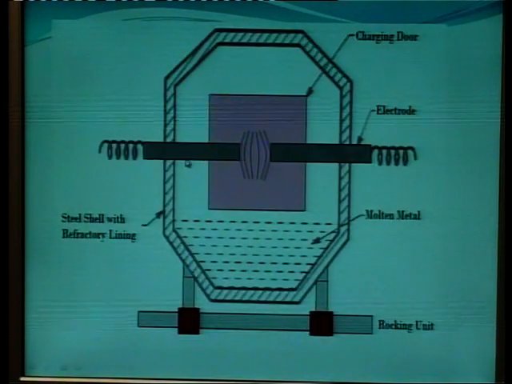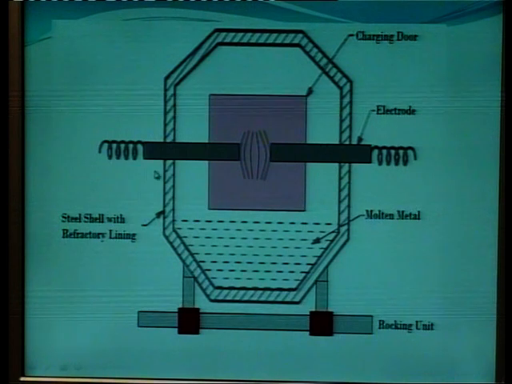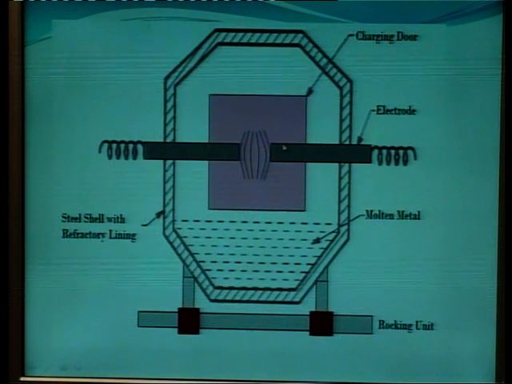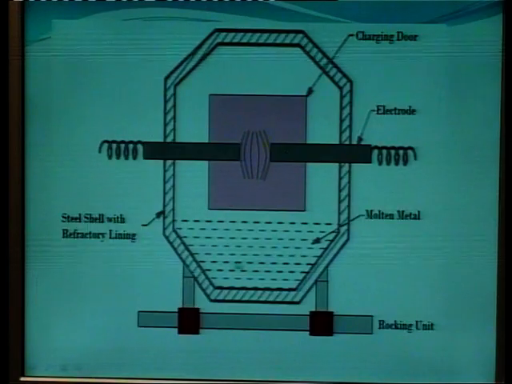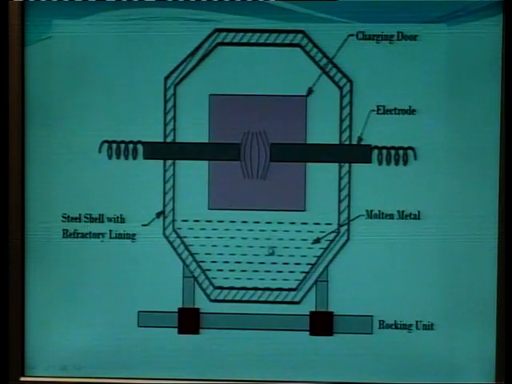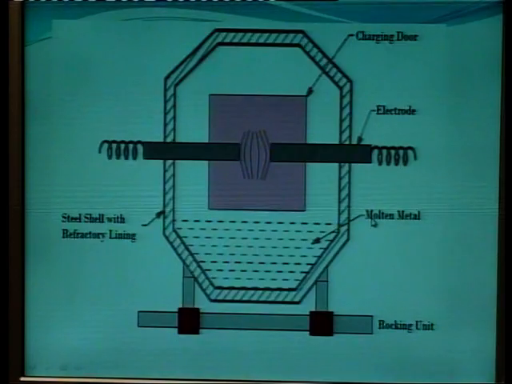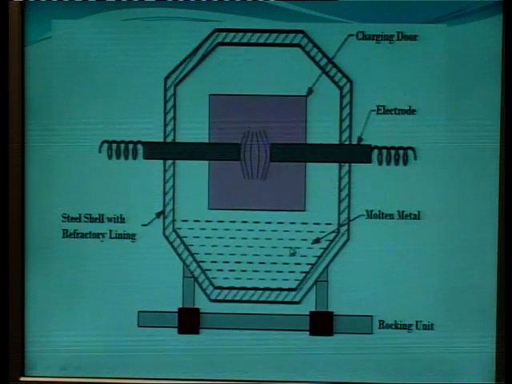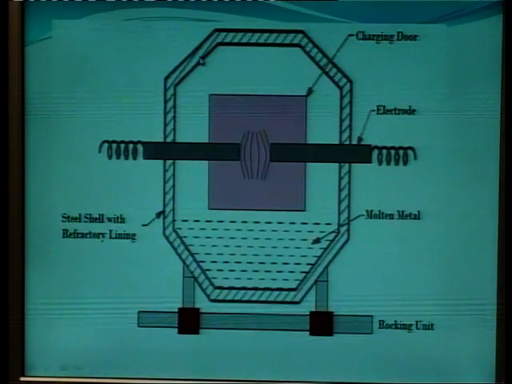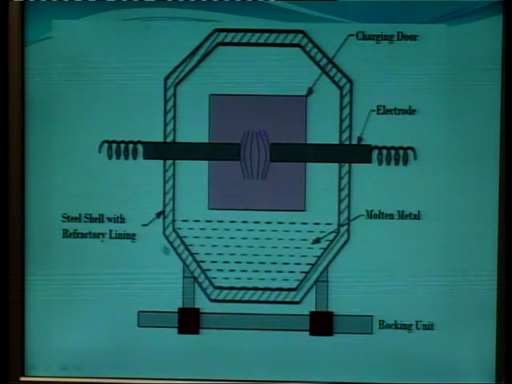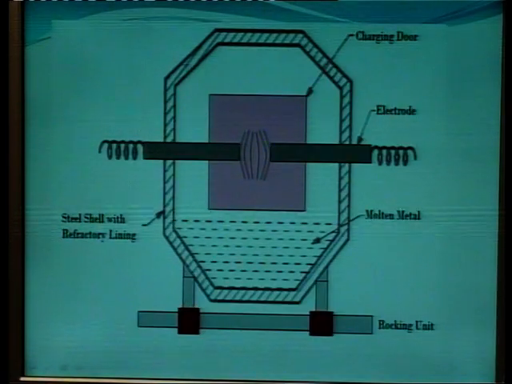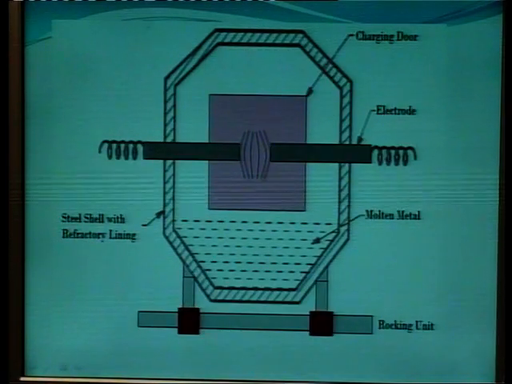So see, these are the two electrodes that are injected into the furnace from the sides. Now this is the charge which we want to heat, or you can say that this is a molten metal as a charge which we want to heat. So this is a refractory lining, so that the heat cannot escape from this furnace.